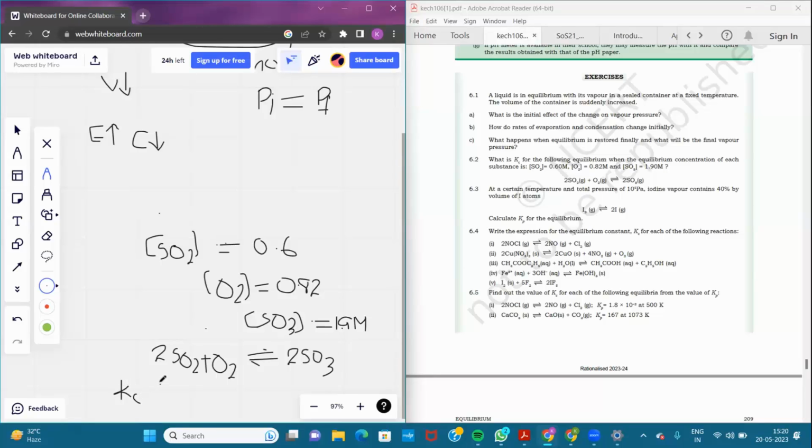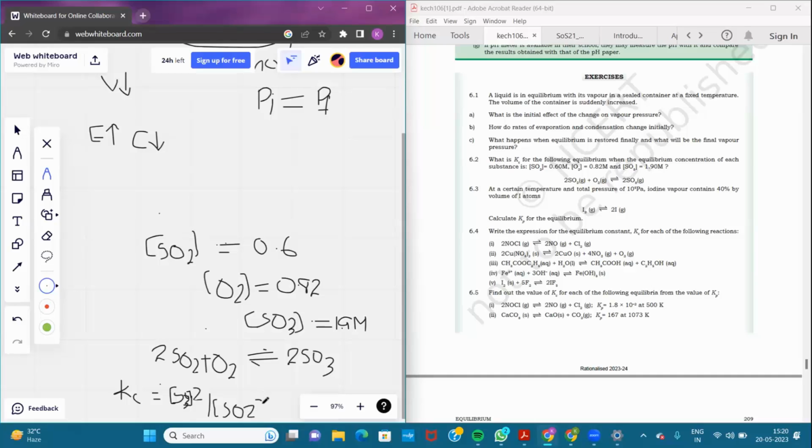We'll write Kc. As we know, it's product of concentration raised to the powers of their stoichiometric coefficients. Here SO3 stoichiometric coefficient is 2, by here reactants are SO2 and O2.